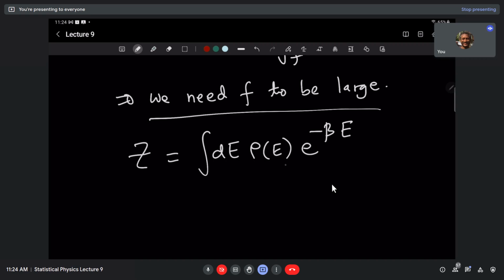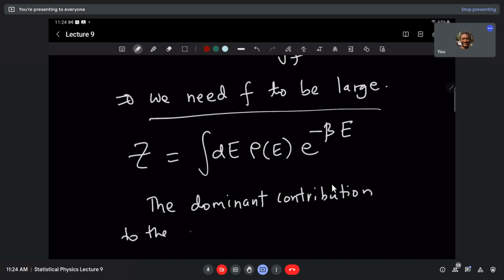What is going to happen is that the dominant contribution comes from E around the same as U, which is the expectation value of energy, and there will be some fluctuations.